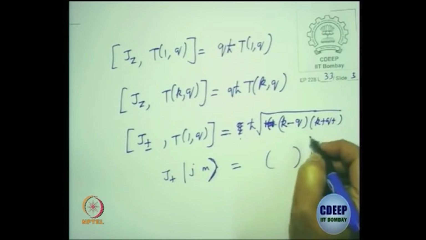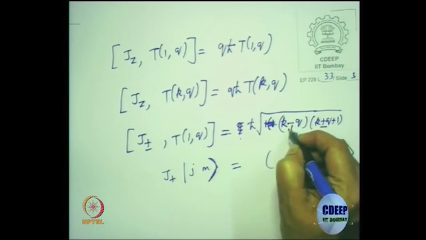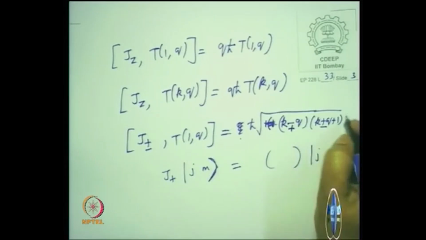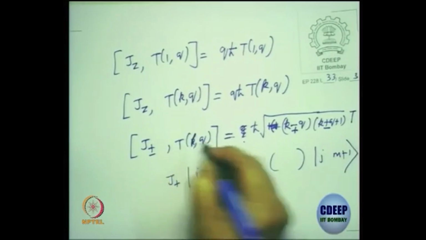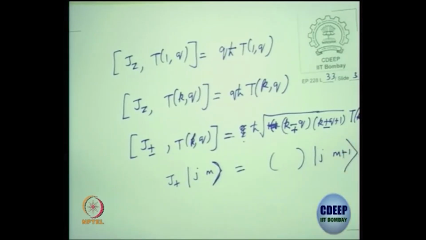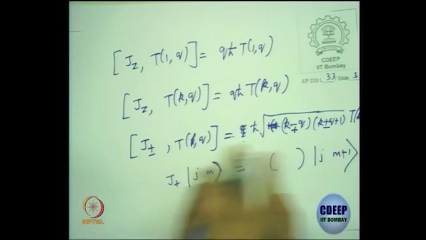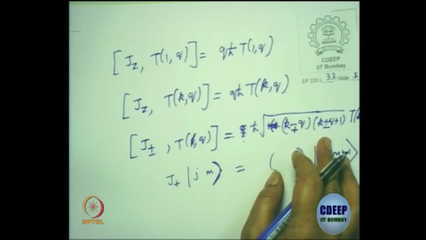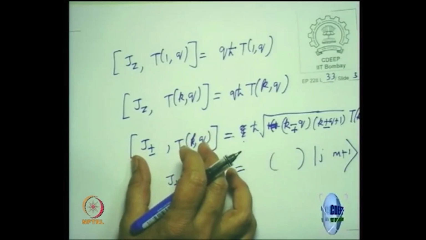Which is plus and minus? On H cross T of K, my claim is it will be plus or minus 1, Q plus or minus. So this is my guess. The guess is done.